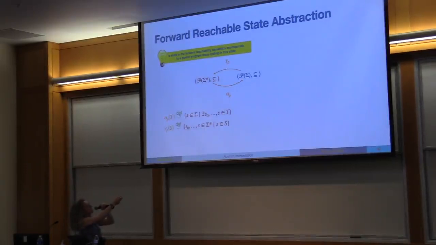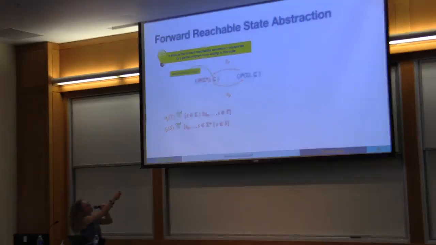So essentially, the abstraction is going to take whatever trace we have in here, take the last state, and it's going to be our set of states here. And for the concretization, we just take whatever state we have here, and we build a sequence that ends in that state.